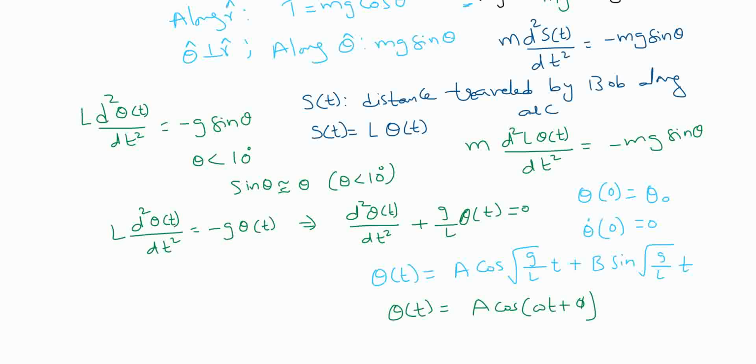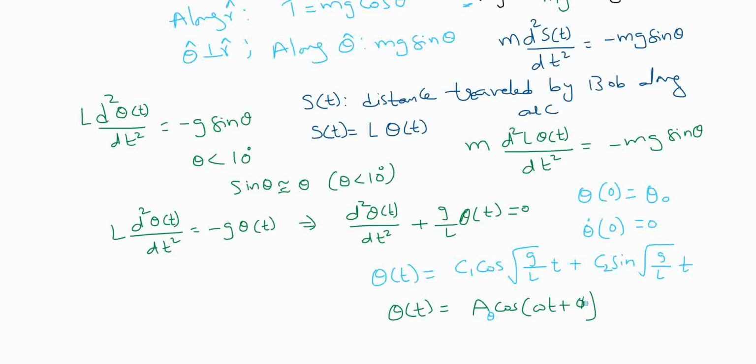Let's not use a again because both a's cannot be the same, so let's put c1 and c2 as the two constants. It is useful to write the solution in this form. For angular displacement, let's put this constant as A theta, and phi is called the phase angle.